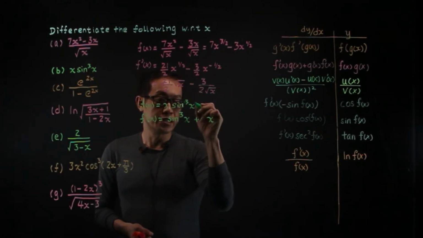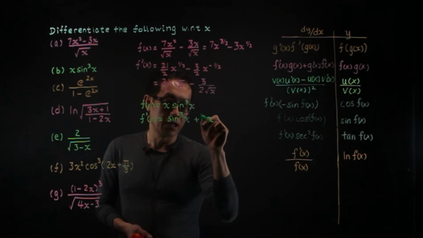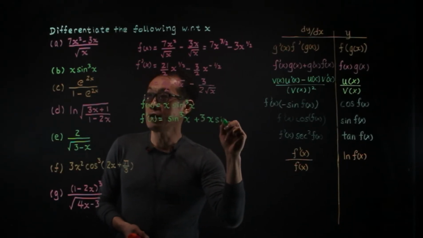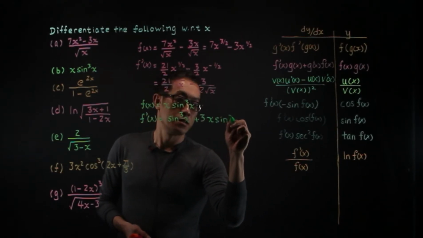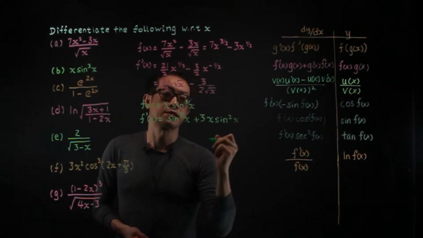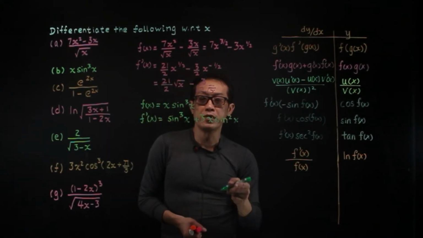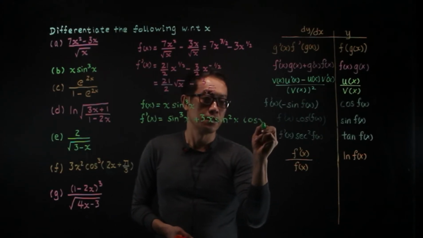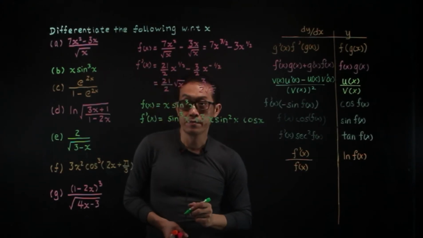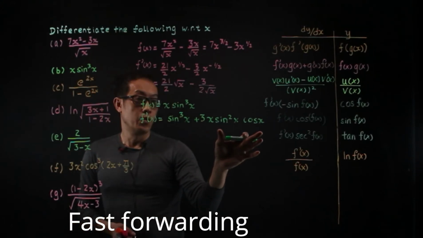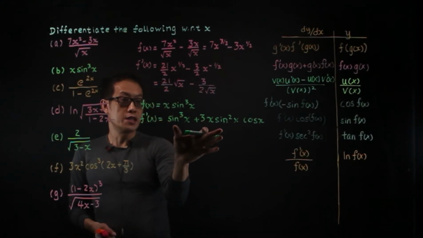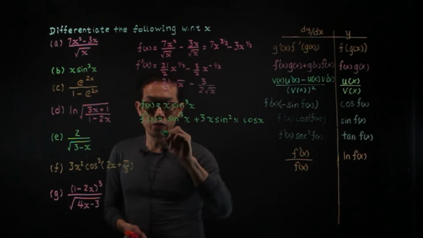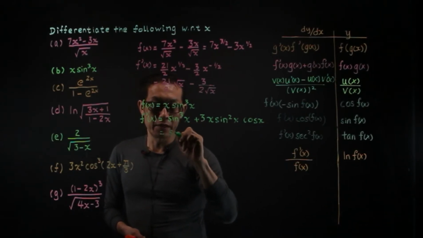So differentiate sine cube x is 3 sine square x. Then we differentiate sine x, you got cos x. Now you can see that sine square x is common, so we can factorize them out.